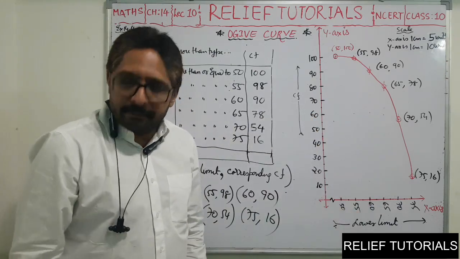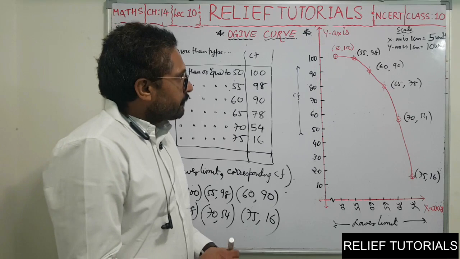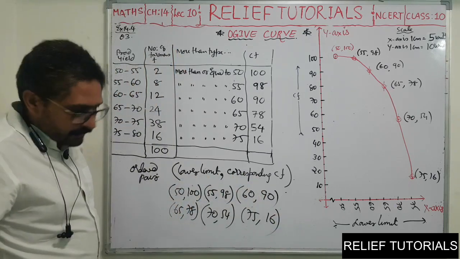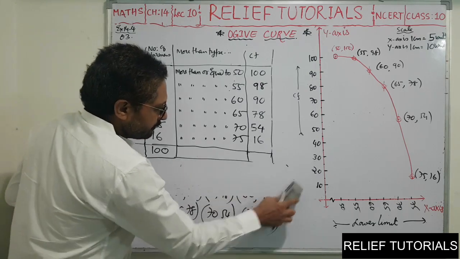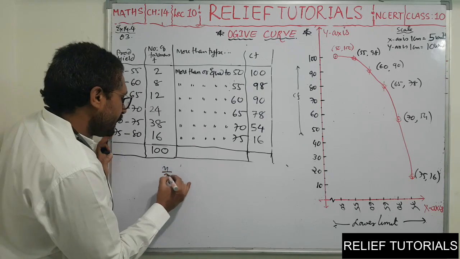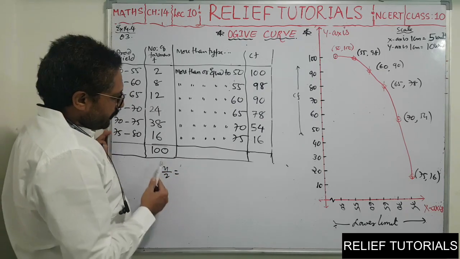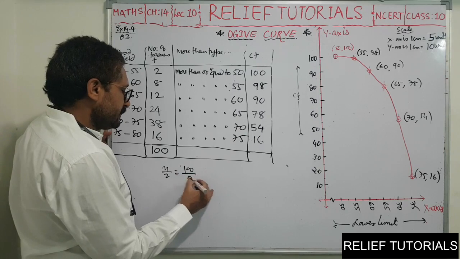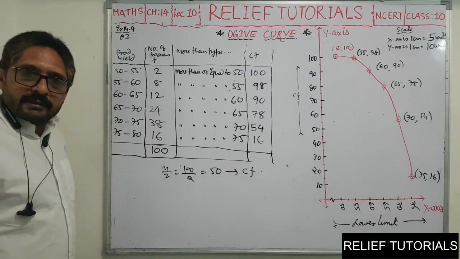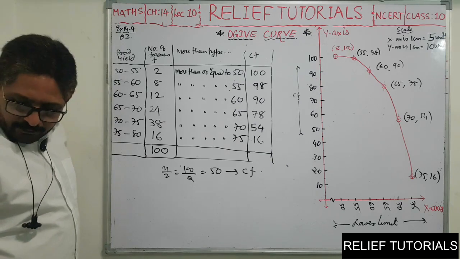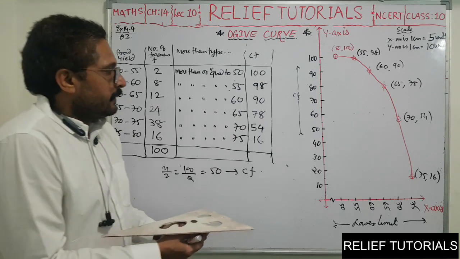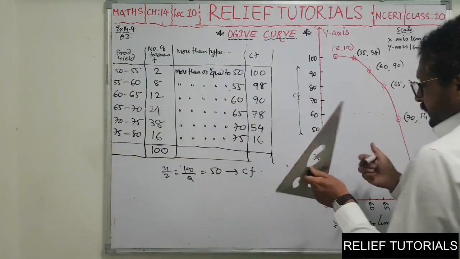And now if you want to find the median, what you will do: n by 2. So total frequency is 100, so n by 2 is equal to 100 by 2 equal to 50. You will see 50 against cumulative frequency.